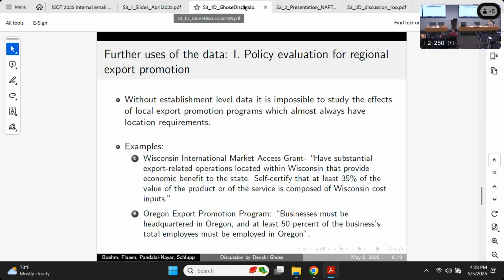I'm just showing two examples, which I found through ChatGPT and then went to the website to confirm that they exist. But without establishment level data, it is almost impossible to study any effects of local export promotion regimes. So I thought this could be a very interesting direction of research.